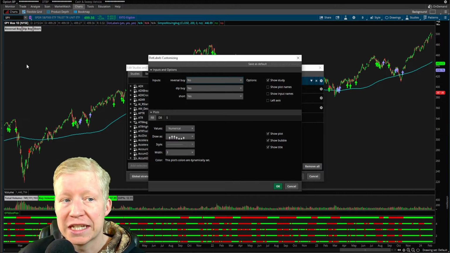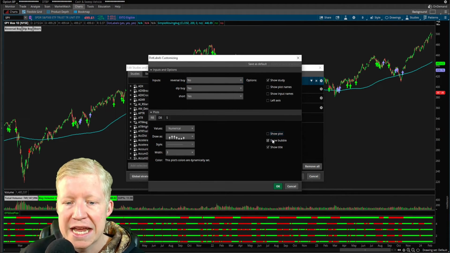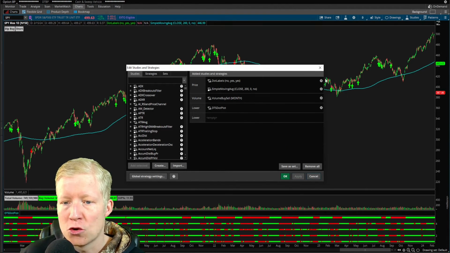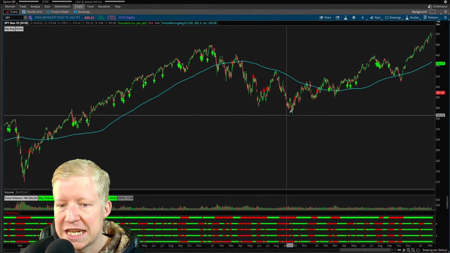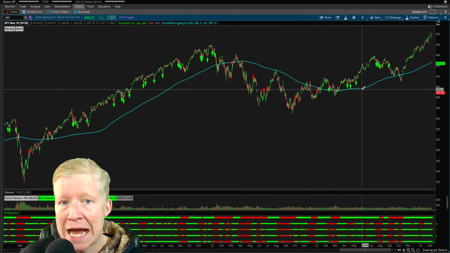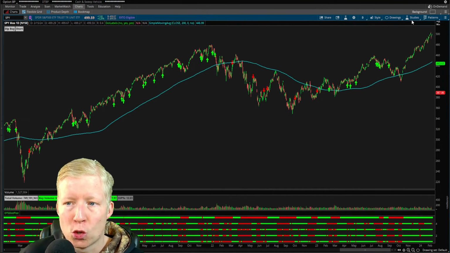You can turn off the labels from your inputs here, and then your plots down here represent the arrows. So RB, of course, being reversal buy. If I just uncheck these three things here, you will now not see the label nor the arrows. So now you are only seeing on your chart the dip buy trade strategy and the short trade strategy.